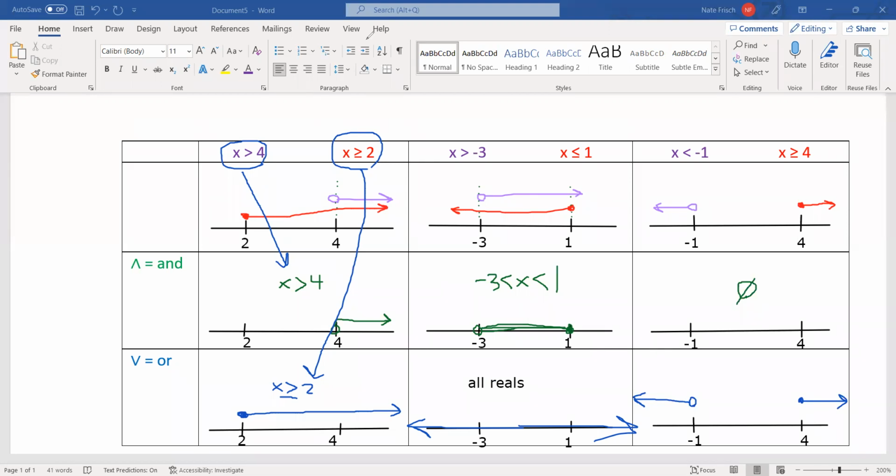And then as a written inequality statement, I'm going to have to use the word or. So x is less than -1, or x is greater than or equal to 4. I'll add the or equal to in just a moment. I'll put that on. So that is what we have there.